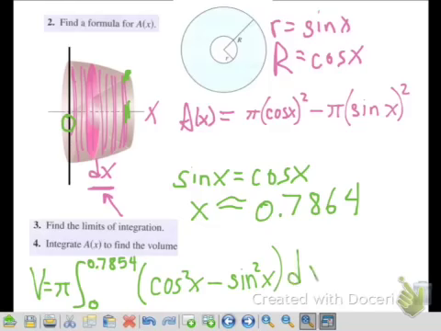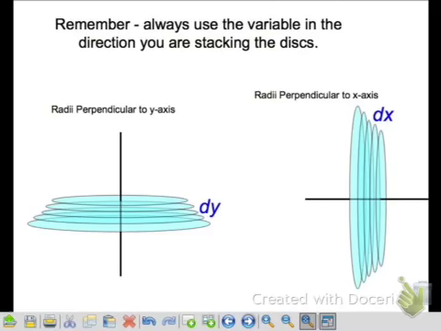And that was with respect to x. Again, remember to choose your x and y based on which direction we're stacking the disk, or thinking about what our radii are perpendicular to.